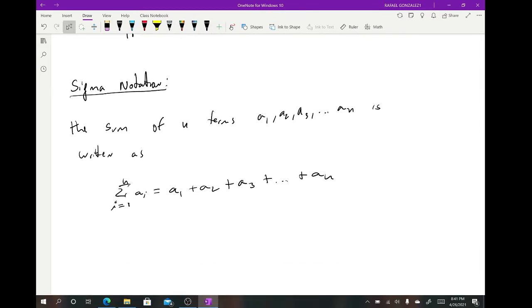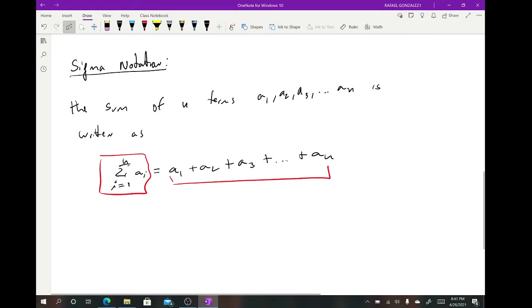So here we are writing the sum in this fashion, which is a very concise way of writing this long sum. Now here, this i is called the index of summation.